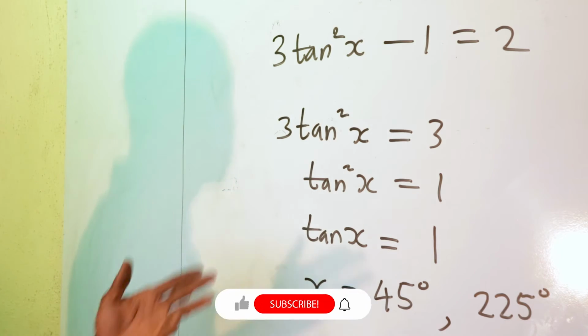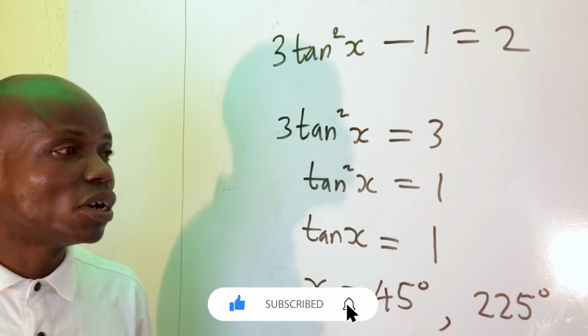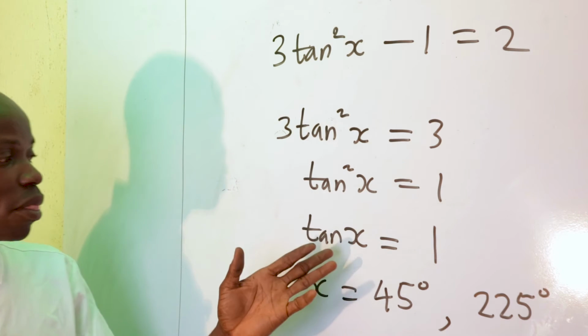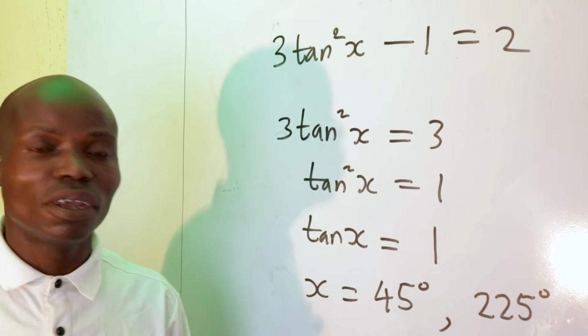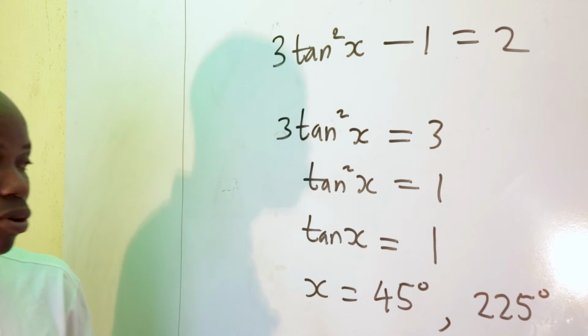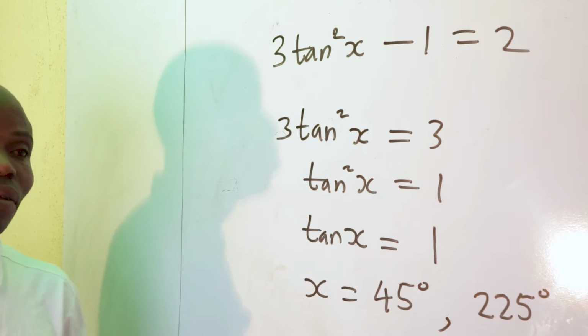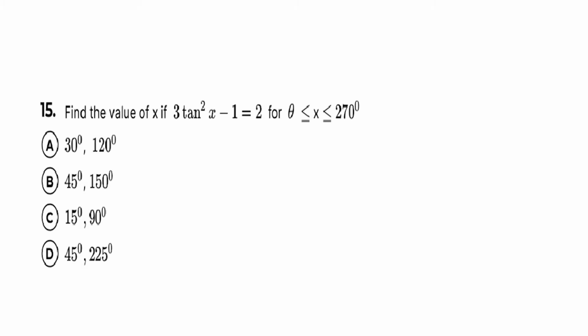And the value of x from the question ranges from 0 to 270 degrees, which cuts across the first quadrant through to the third quadrant. Obtaining the value of x in the first quadrant, x gives us 45 degrees, and in the third quadrant, x gives us 225 degrees, which is 180 plus 45 degrees. And that makes the option to be option C.